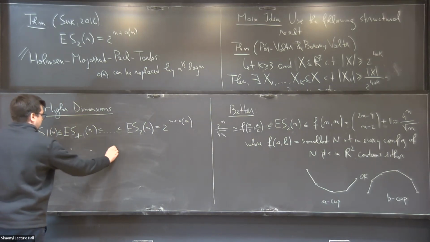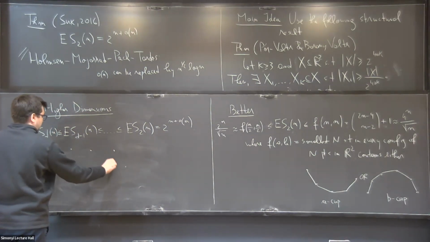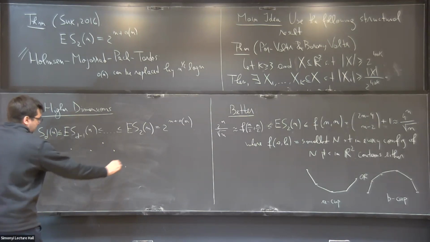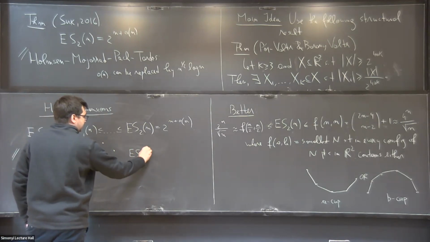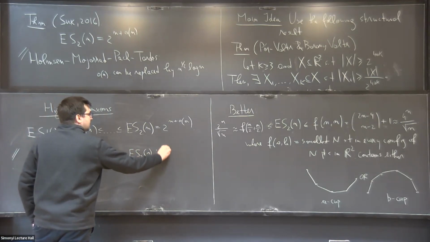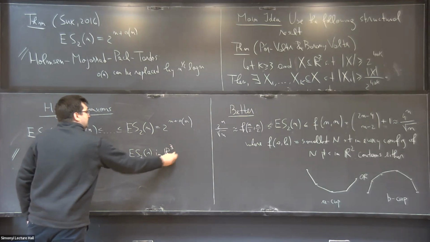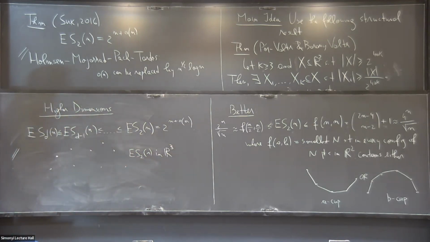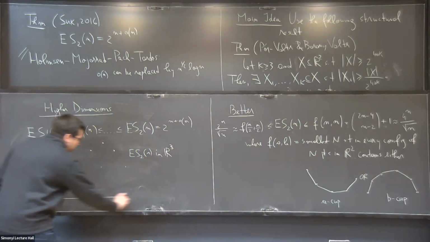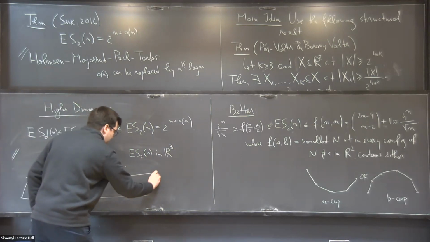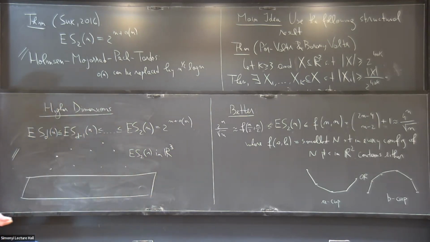Just doodle something. Let's say you begin with this many points in R3 that you need in the plane to find n points in convex position. And then what do you do? Well, you pick a generic plane and project everything.